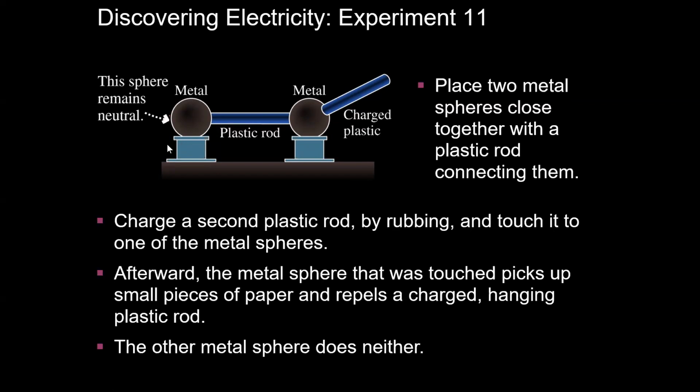And contrast that with our final experiment here, experiment 12. This is the 12th and final experiment. If we replace the plastic rod between these two with a metal rod, then lo and behold, the electric charge that we give to the right one is shared between the left and the right one. The ball on the right doesn't give all of its charge to the left, but it shares the total charge given from the rod.